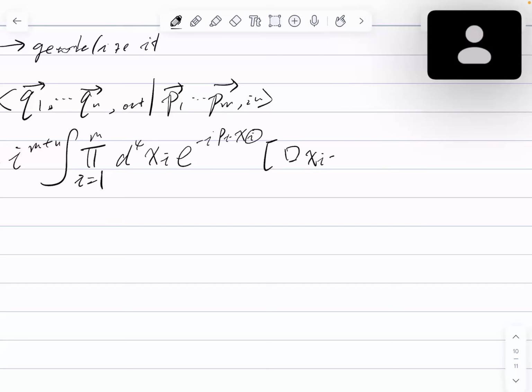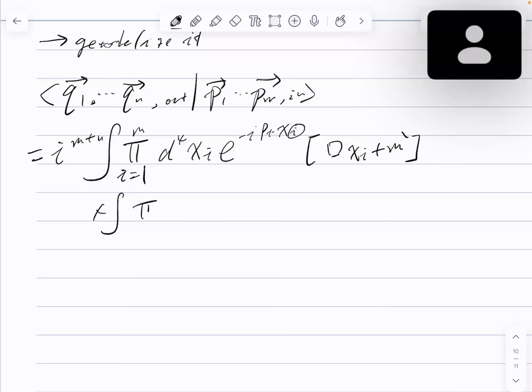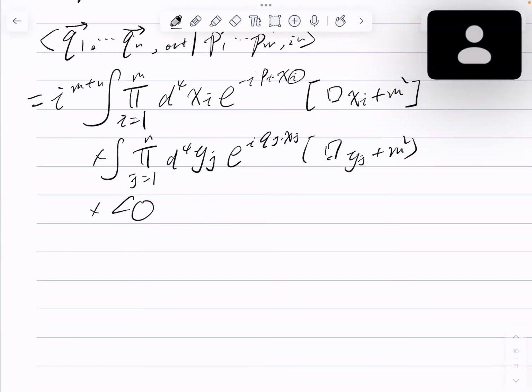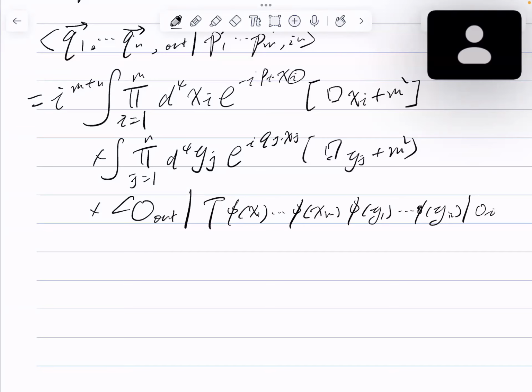Lambda xi plus m square, times product from j equals 1 to n d4 yj ei qj yj, lambda yj plus m square, times 0 out state time ordered phi x1 phi xm phi y1 phi ym in states.